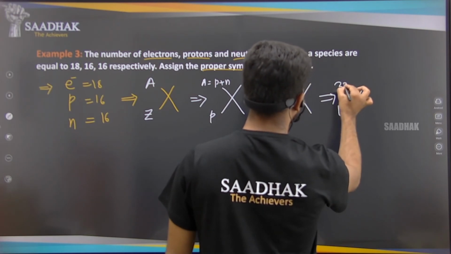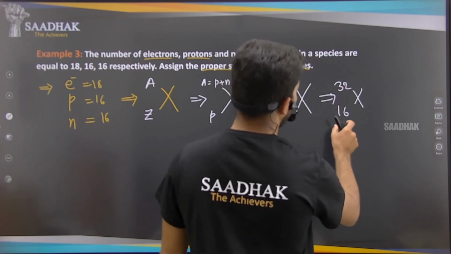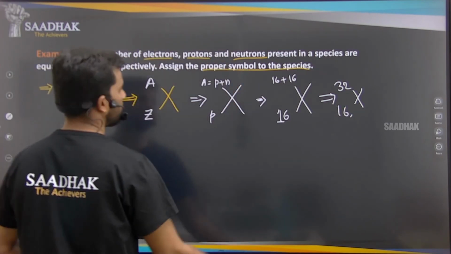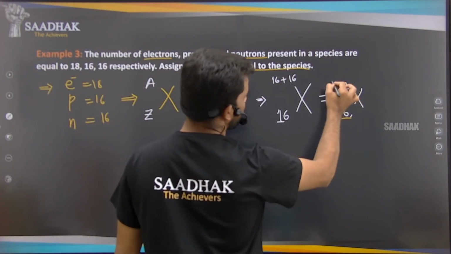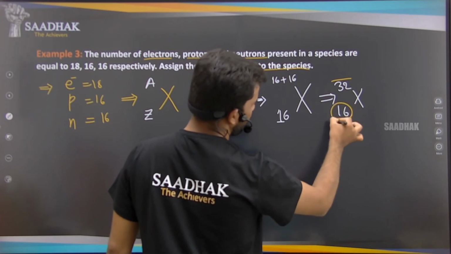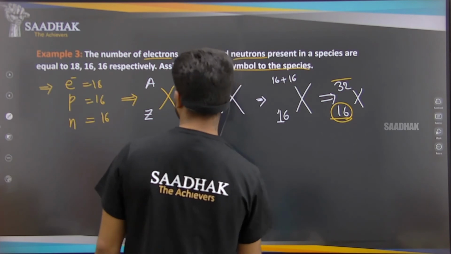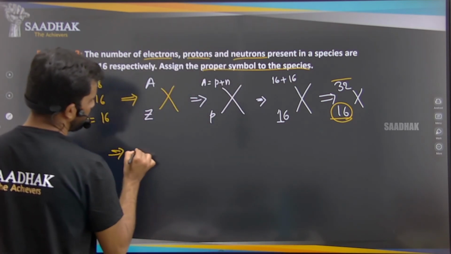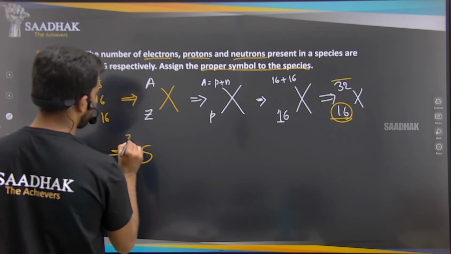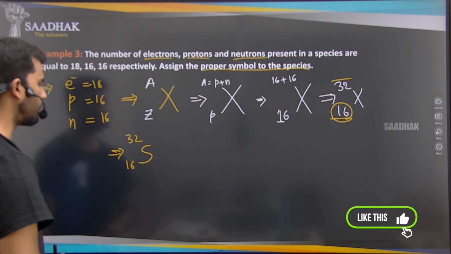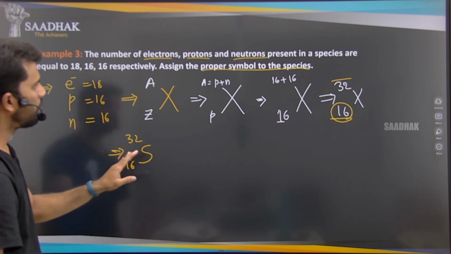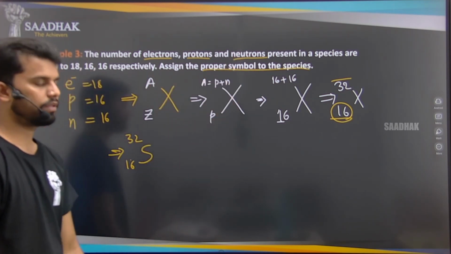Here, this 16 is the atomic number, and this 32 is the mass number. So what is the element with atomic number 16? That is sulfur, right? So sulfur, 16 and 32. This is our symbol of the species.